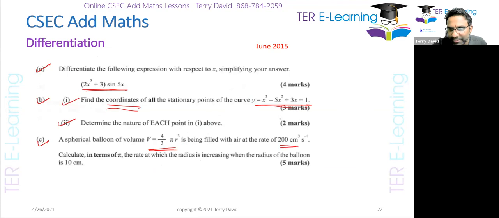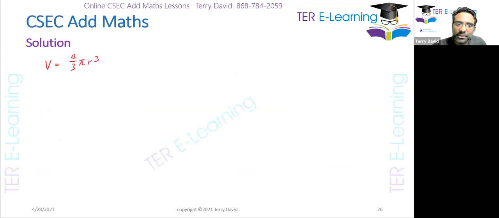This is how the volume is increasing. They've given us a value in cm cubed per second, so that is actually dV/dt. So this rate of increase of volume, dV/dt, is equal to 200 cm cubed per second.